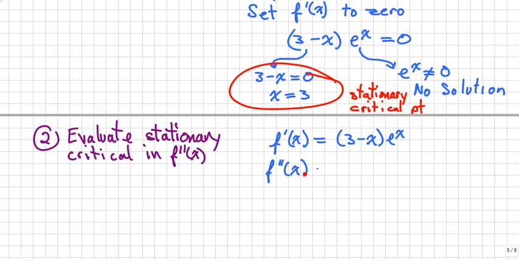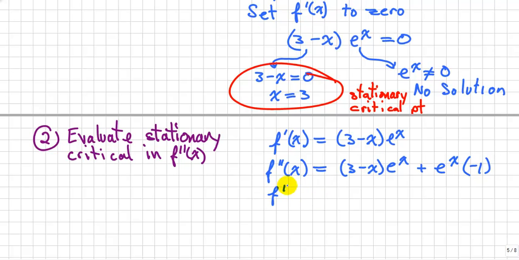We've got to use the product rule again. So it's going to be 3 minus x, the first function, times the derivative of the second function. So e to the x is the second function, and the derivative of that is e to the x. And then it's going to be plus the second function, which is e to the x, times the derivative of the first function. The derivative of 3 minus x is just -1.